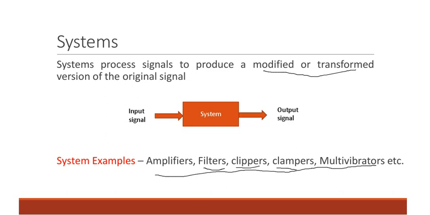Right? So systems are basically designed to obtain the desired output signal. As per the need of what you need at the output end, you design your system. Hence, when we design the system, we should understand the characteristics of the input signal.